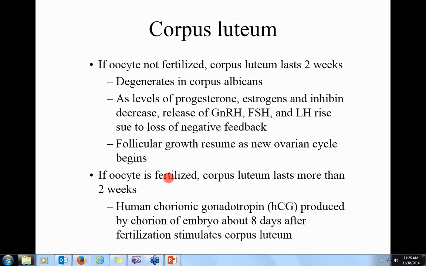If the oocyte is fertilized, the corpus luteum lasts more than 2 weeks. It lasts basically up until about the end of the first trimester of pregnancy.